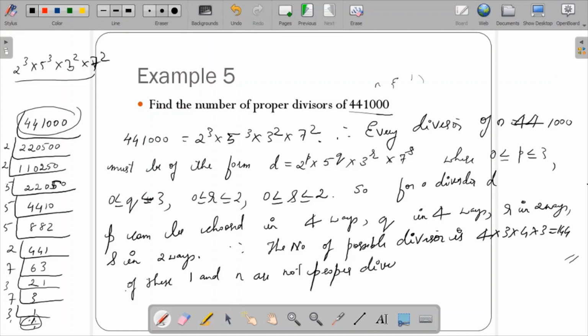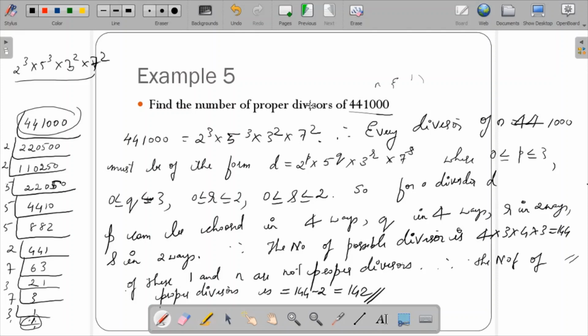Therefore the number of proper divisors is 144 minus 2, that is equal to 142.